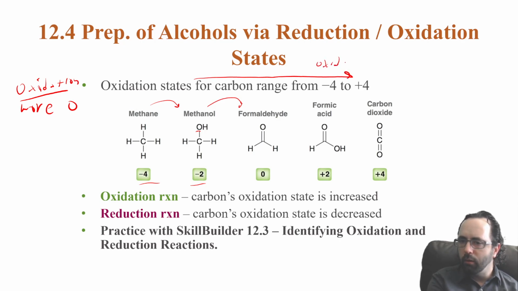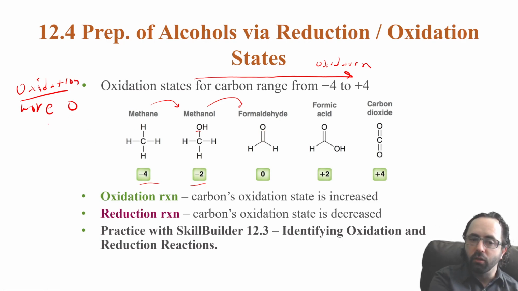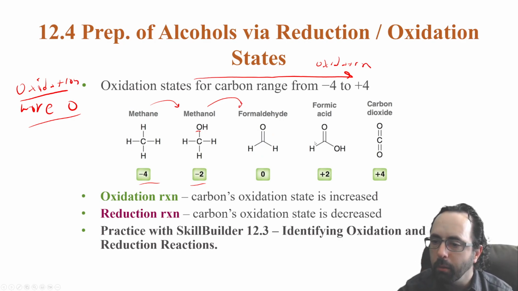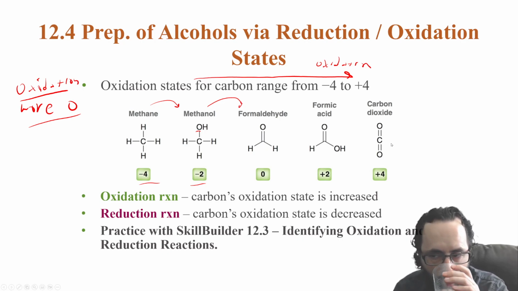When we go to the oxidation of the alcohol, we get an aldehyde carbonyl, here formaldehyde, that has a carbon with two bonds to oxygen. So we have more bonds to oxygen. Here we have another oxygen atom added, further oxidizing the molecule. So this aldehyde can be oxidized to a carboxylic acid. Finally, if we have a carbon with 4 bonds to oxygen, we have its most oxidized form.